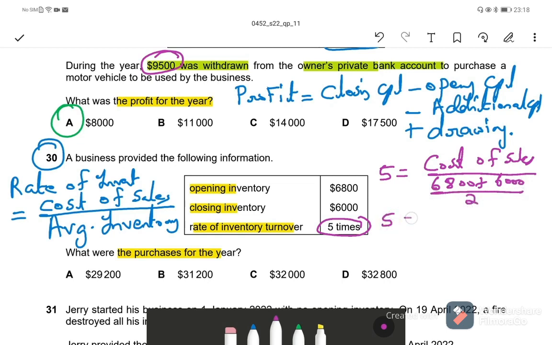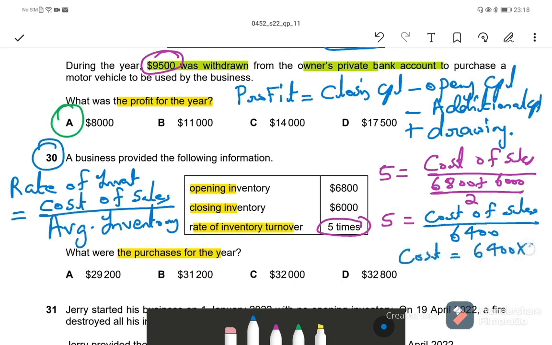So 5 is equal to cost of sales divided by 6,400. So cost of sales is equal to 6,400 multiplied by 5, that is 32,000.